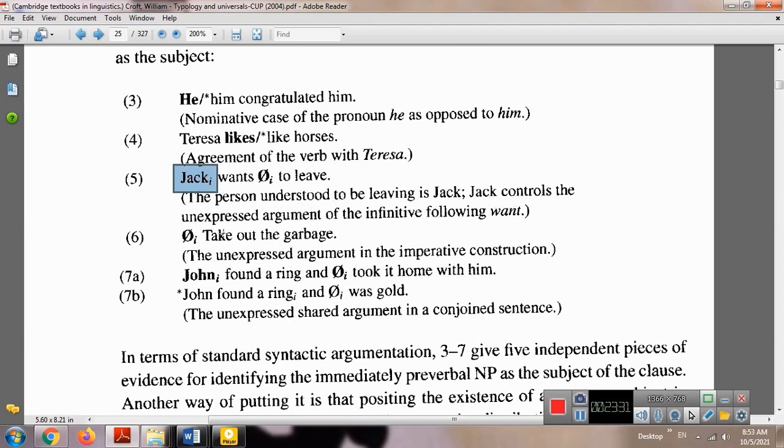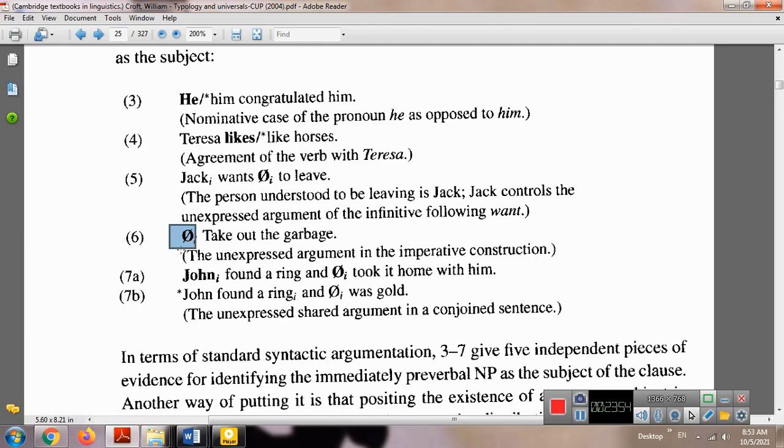Jack controls the unexpressed argument of the infinitive following want. Take out the garbage. The unexpressed argument in the imperative construction.